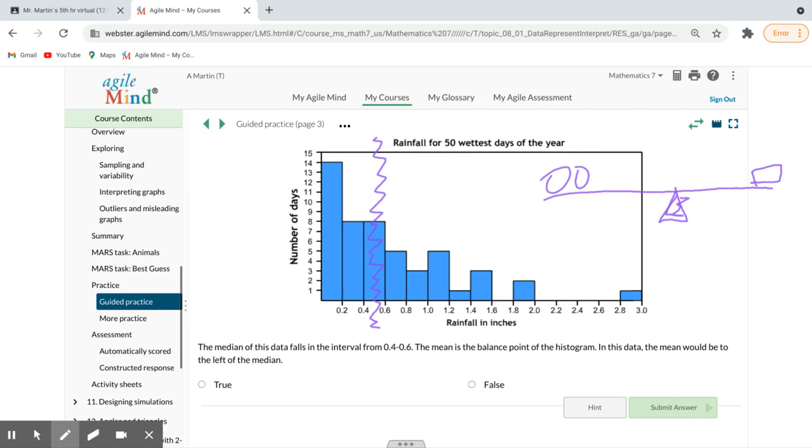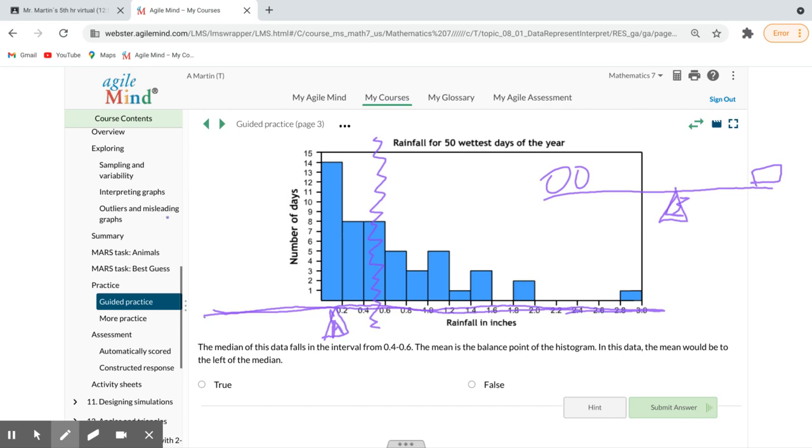So if we put the mean on this side, and this is on a balance beam, what's going to happen, Sophia, if we move that balance point all the way over to the left like I just did? It's going to be unbalanced.